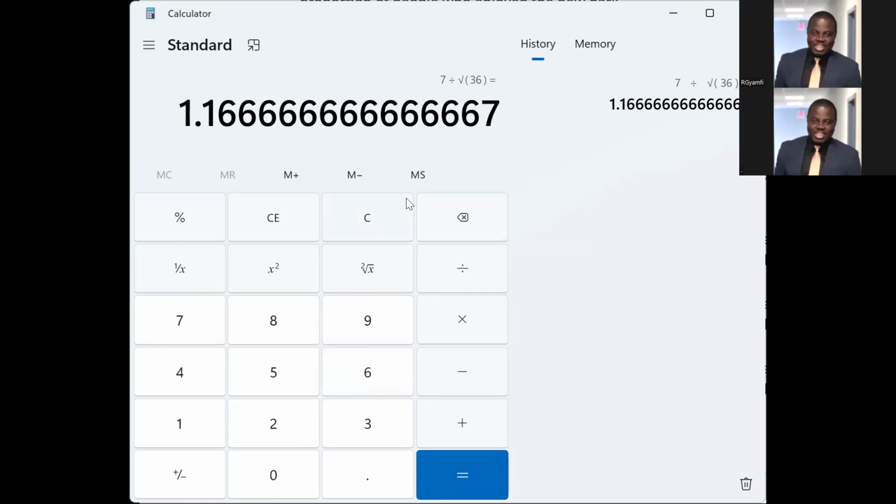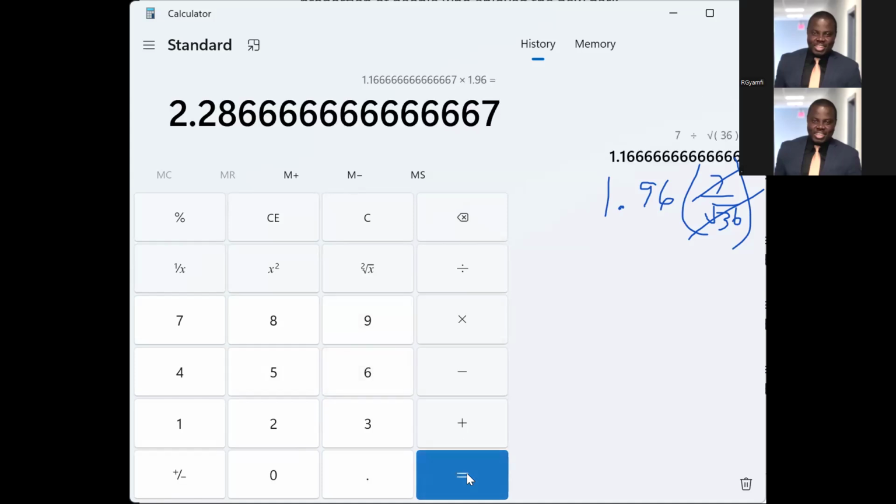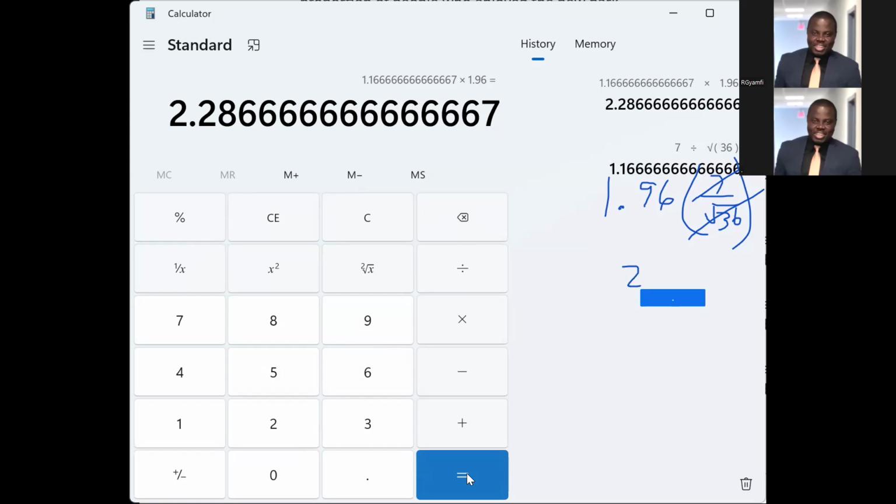Now remember, at this point I've only done this part, so I've got to multiply it by 1.96. And then I've got 2.287, and there's a plus or minus. Now I bring in the sample mean.